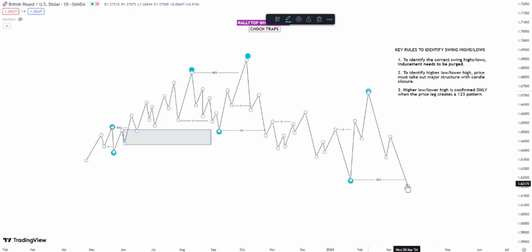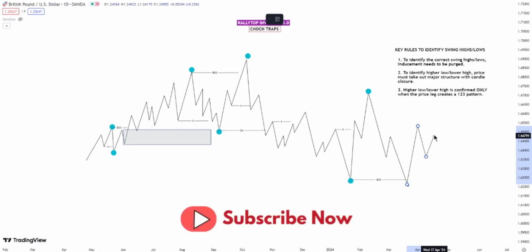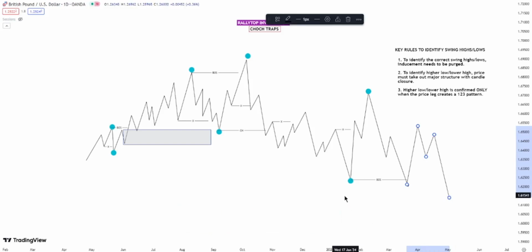So if now we want to continue, we will say, okay, for this low to be confirmed, rule number 1 is needed. And what's rule number 1? That it has to take out inducement. All right? And so if price does something like this, takes out this inducement, and then continues going like this, what do we have there?